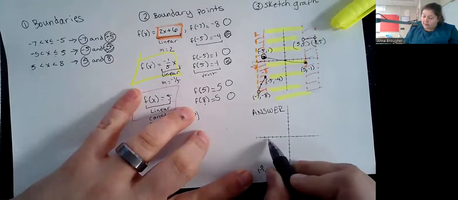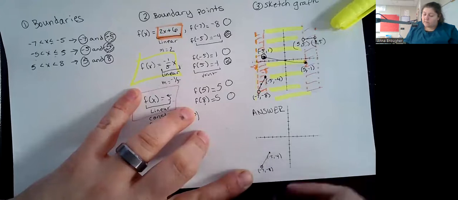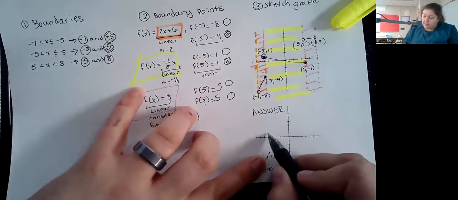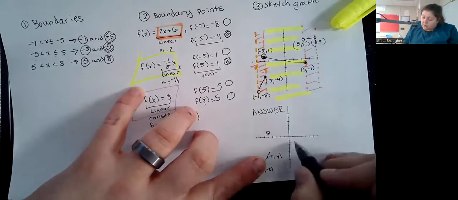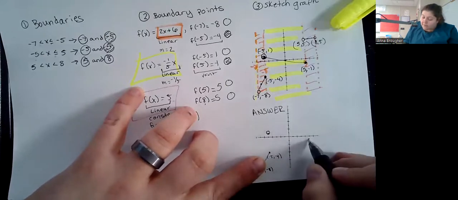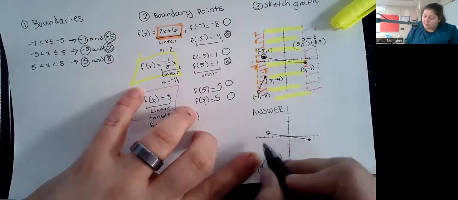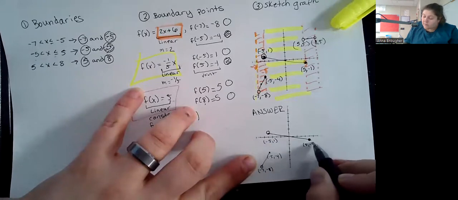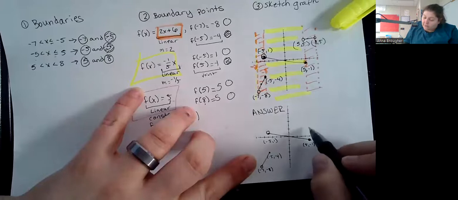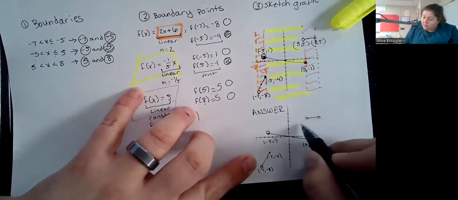We end at -5, -4, closed. We then pick it up at -5, 1, open. We end at +5, -1, closed. We pick it up at 5, 5, open. We end at 8, 5, open.